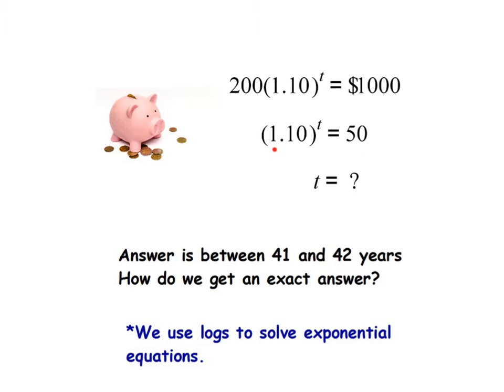Now I have 1.10 raised to the t power equals 50. At this point, all we know to do is to put this in the calculator and guess at the exponent. You could do that, and the answer is between 41 and 42 years. So 41 is too low and 42 is too high, but the time is somewhere in there.